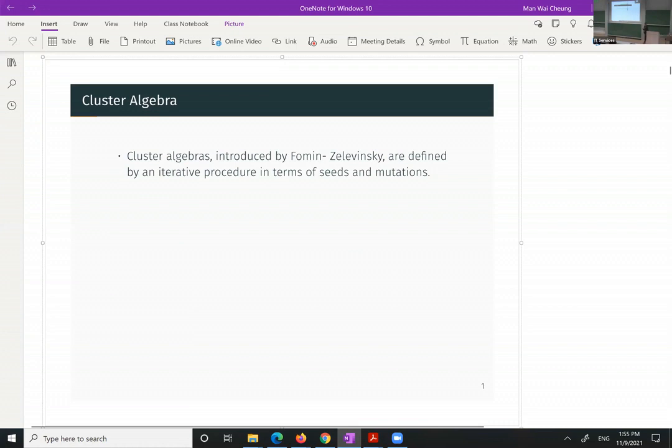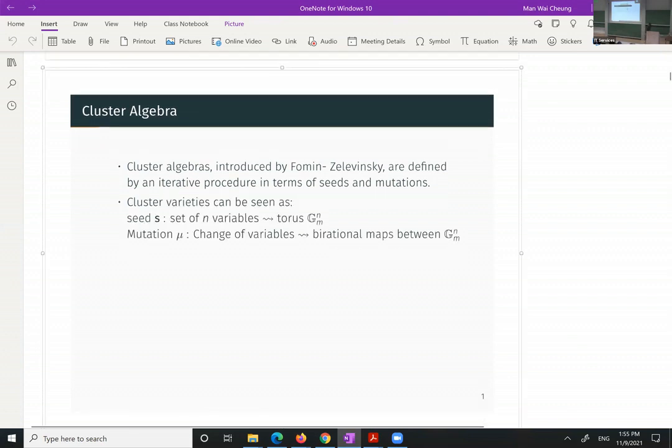I'll basically repeat what Mark said for his first line. Cluster algebras, as most people here know, were introduced by Fomin and Zelevinsky, defined by an iterative step using seeds and mutation. In terms of cluster varieties, we turn the seed, which is a set of n Laurent polynomials in n variables, into an algebraic torus.